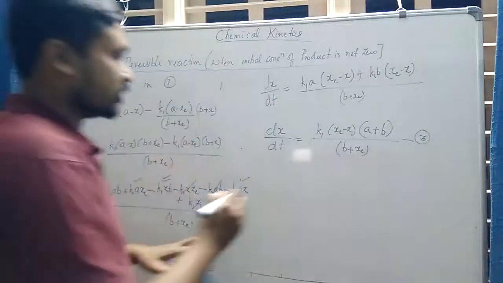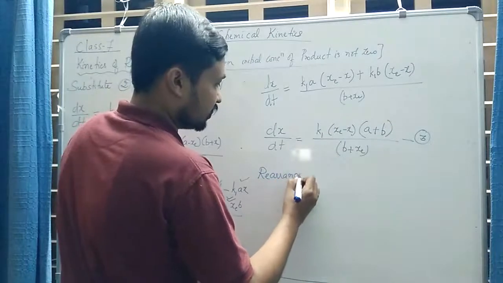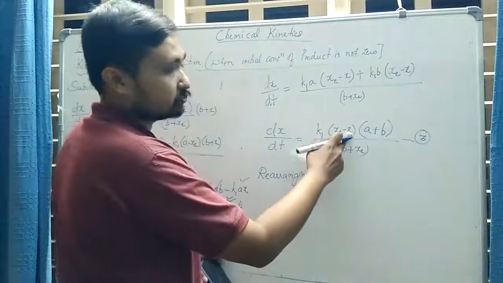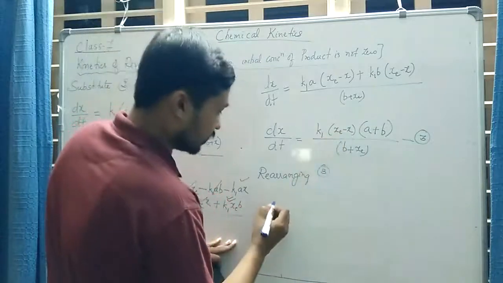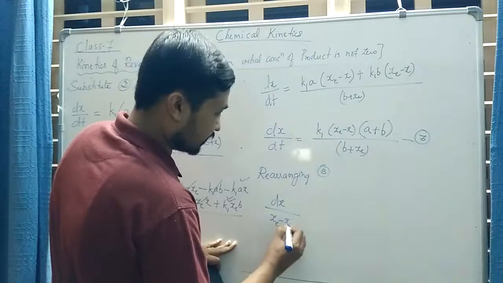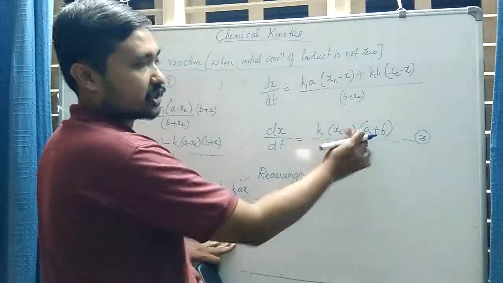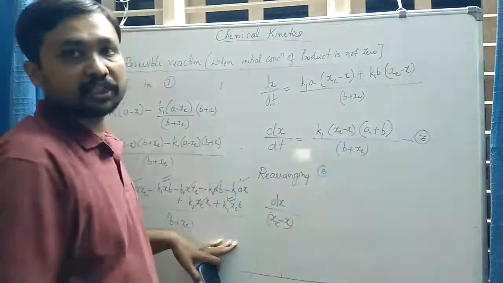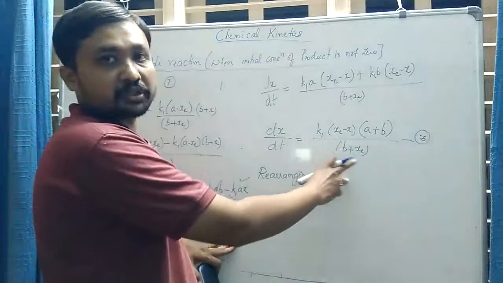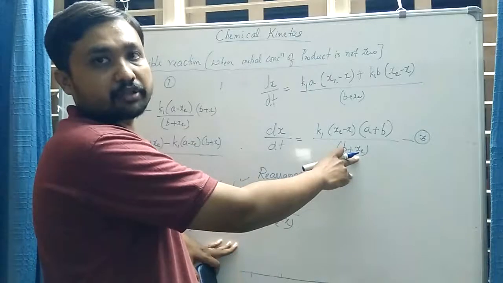So let us rearrange equation 3. Since there is only one term containing variable x, I can write it as dx divided by (xe minus x). k1 is a constant, a plus b are also constants because they represent initial concentrations. b plus xe is also a constant because b is the initial concentration and xe is the equilibrium concentration.